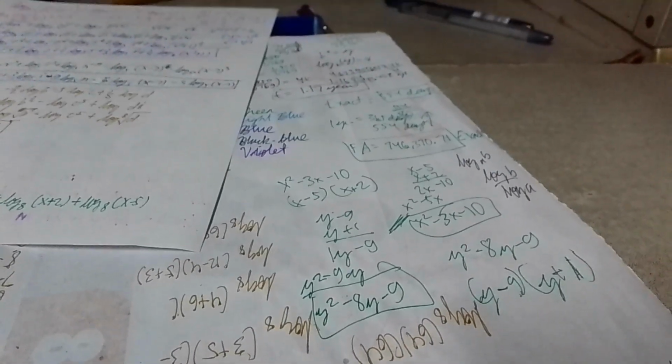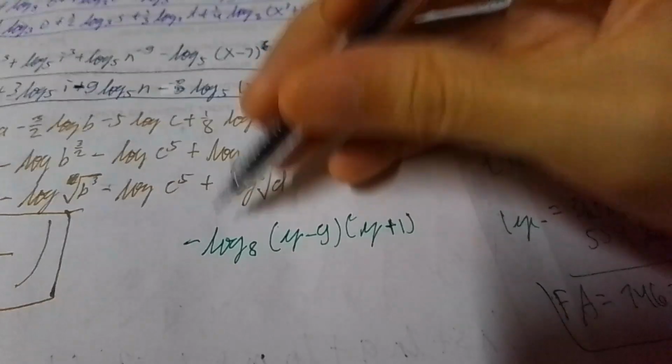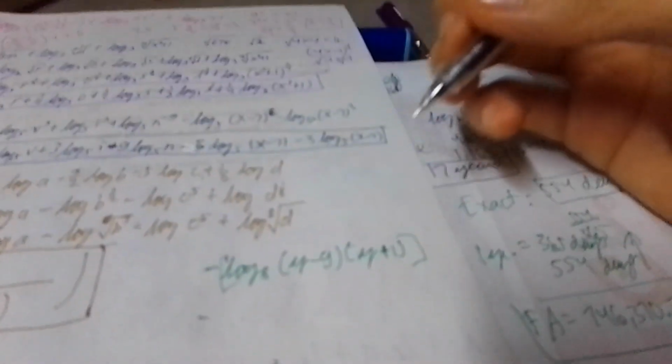So that should be the answer. Therefore, we simplify this into minus. Remember, this is minus. So if we rewrite this, it's going to be minus log base 8 of y minus 9 times y plus 1. But it's negative, so we need to distribute that. Rewriting that, we expand this log.